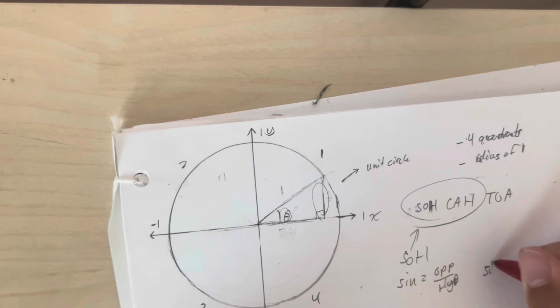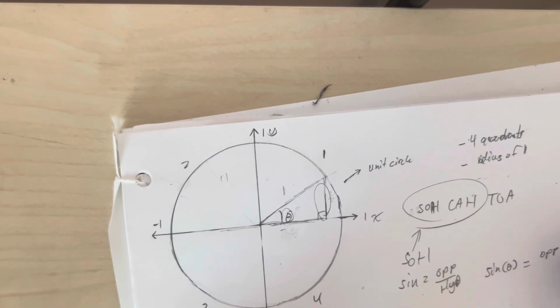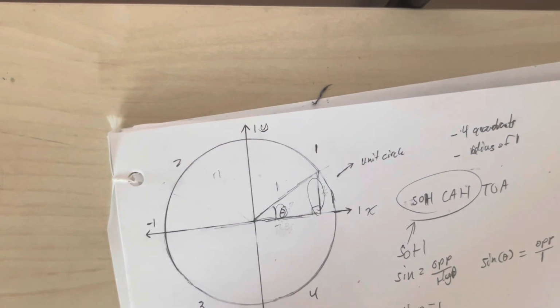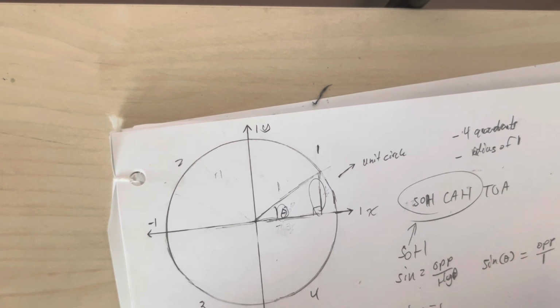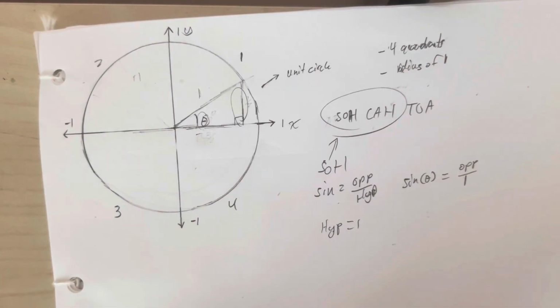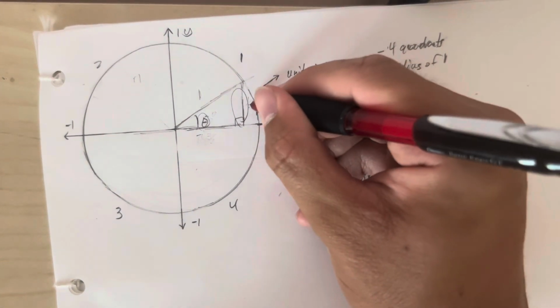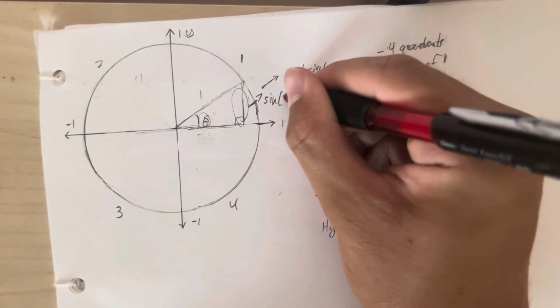So sine of theta equals opposite over 1. Now, hold on. We also know another thing. Anything divided by 1 is just itself. So that means this length would just be equal to the function sine of theta.